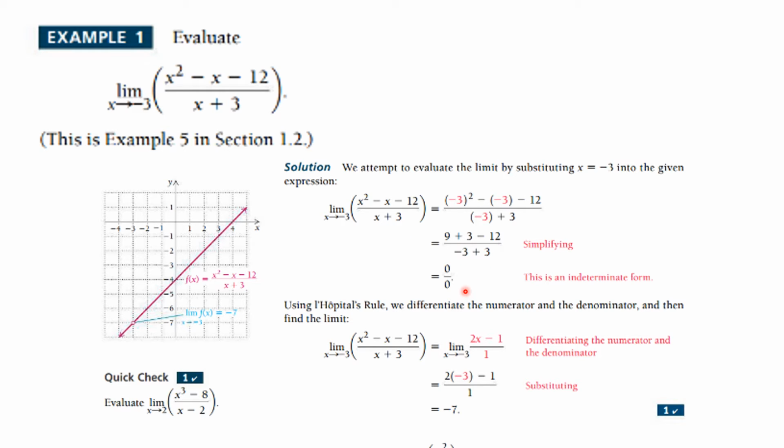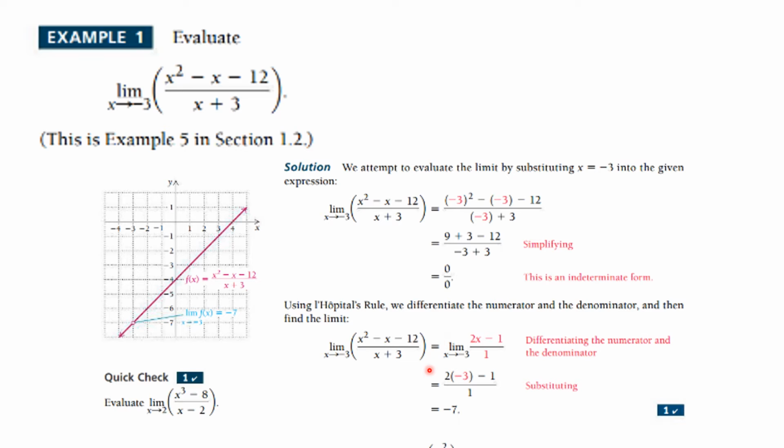That is an indeterminate form. Now you certainly can work it the way we did in Chapter 1, but L'Hopital's rule now applies. So we take the derivative of the numerator, and this is a good review for the final. This is going to be 2x minus 1. And the derivative of the denominator is just going to be 1. So now you see this is the same thing by L'Hopital's rule.